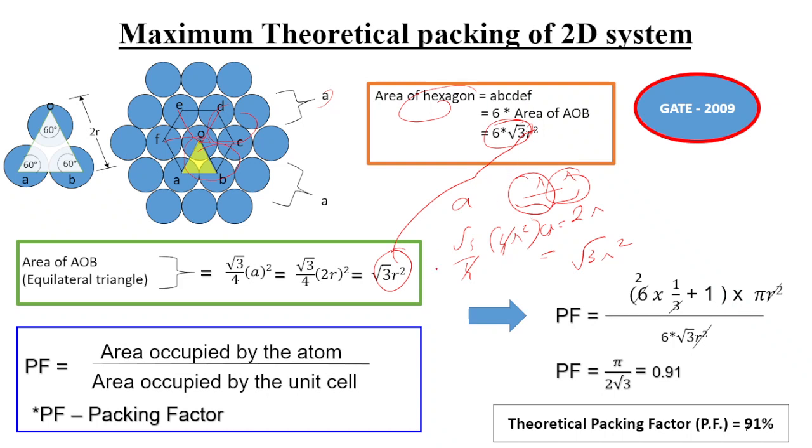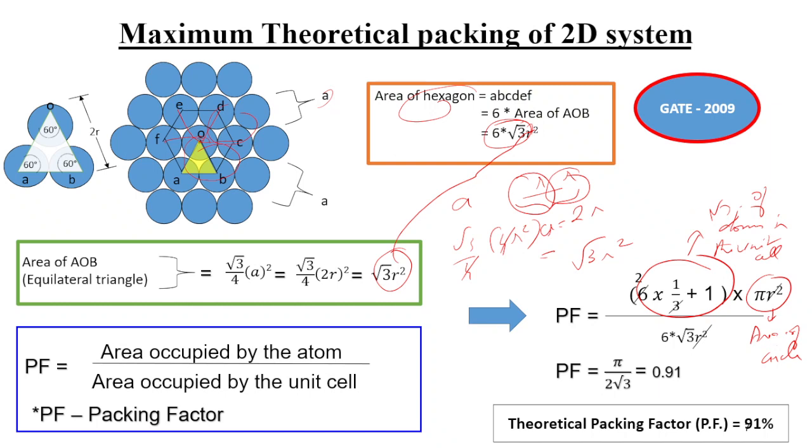Next we come to the packing factor. In the packing factor, again we look at the number of atoms in that particular unit cell times the area of the circle. In the previous case I used it in terms of the lattice parameter a. Here I have directly substituted the radius value.